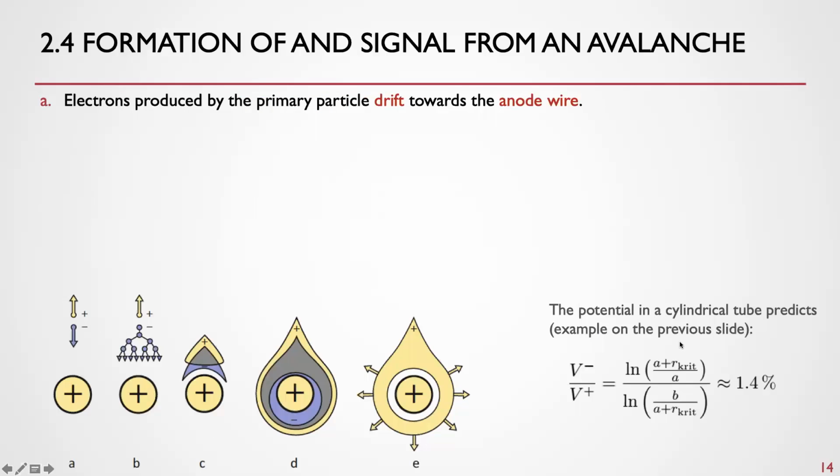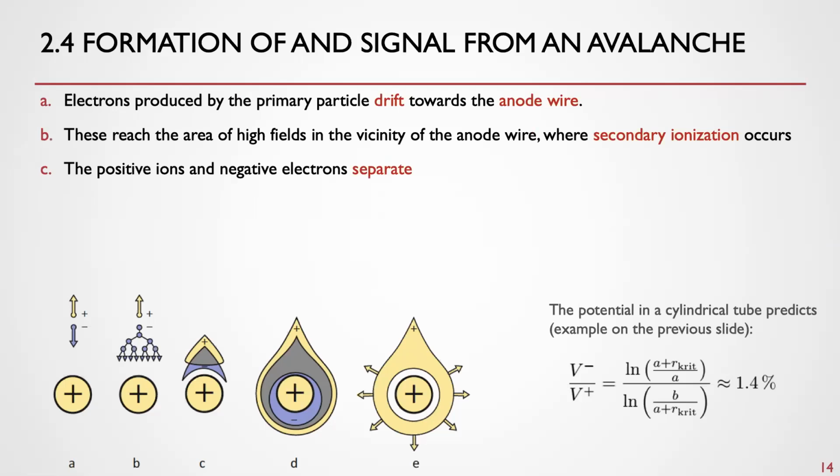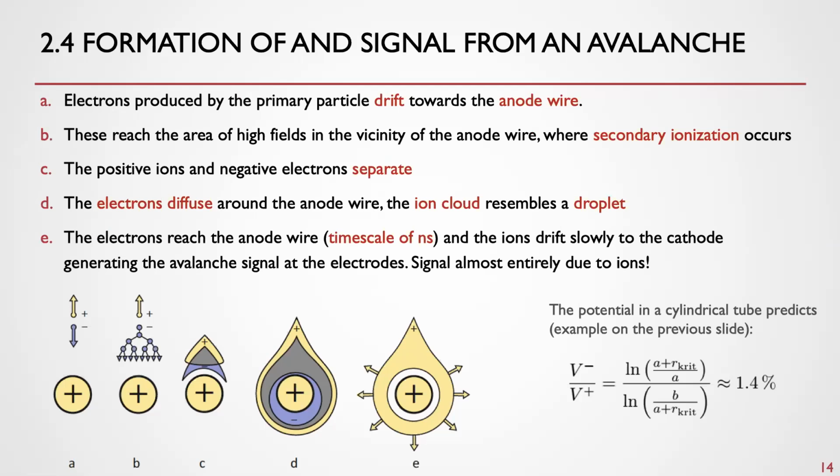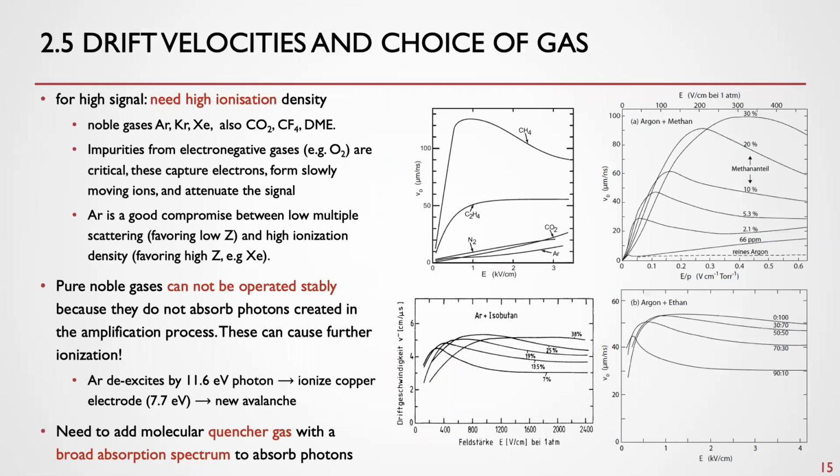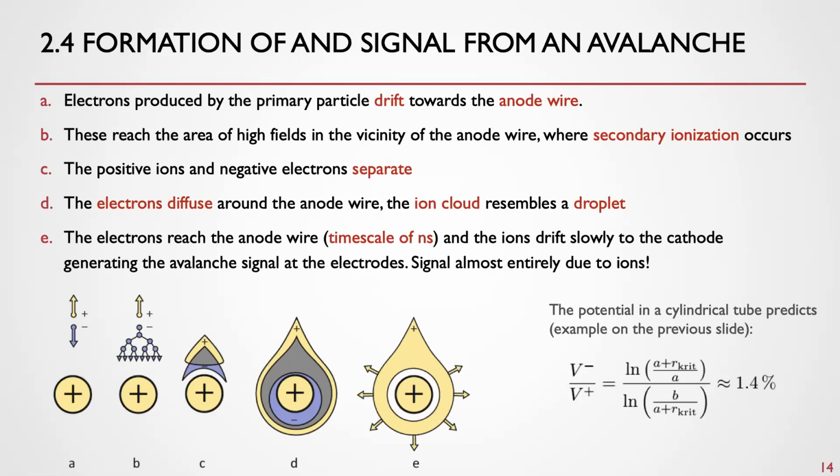And if you insert the numbers, you find that only 1% of the collected current is due to the electrons. 98.6% are created by the ions. Okay, so now we understand the formation of an avalanche signal and its approximate time dependence in a cylindrical wire detector.